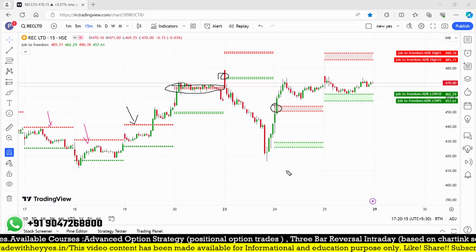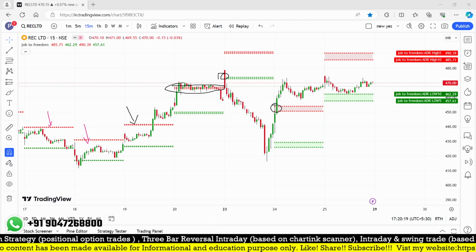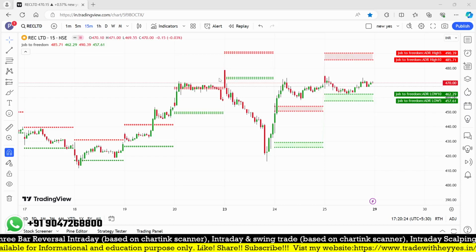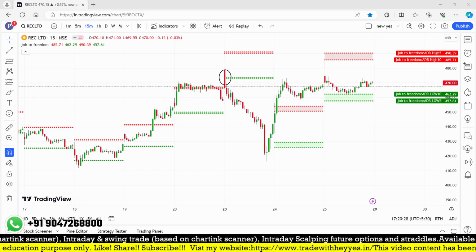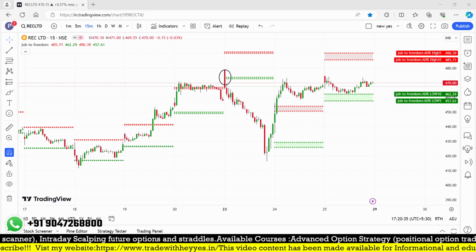So in this video, I'm going to make one more scanner, and actually it is two scanners, to find an opportunity like this. In this particular candle, the first candle itself is giving you the breakdown with the lower ADR, and it closed below the level in the first candle itself, and it kept giving such a good result.